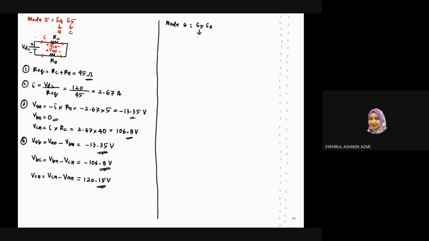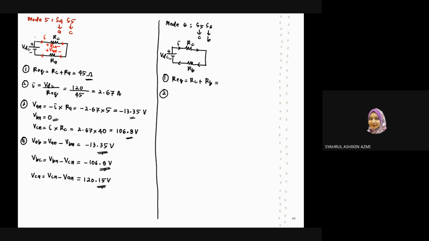S5 is the upper switch for phase C, S6 is the bottom switch for phase B. Step number 1, R equivalent will be RC plus with RB.